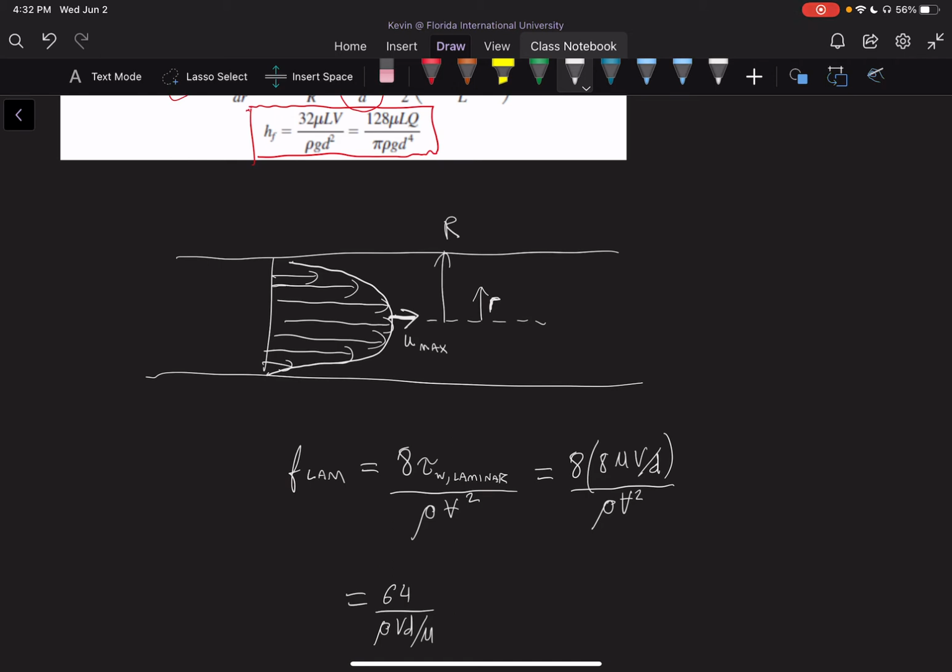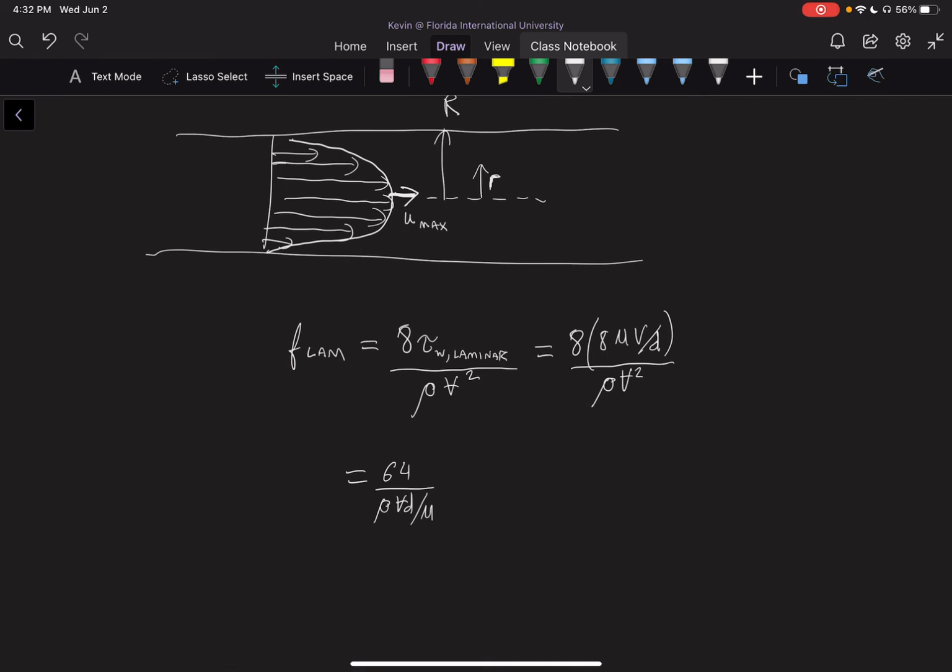If you do the math, it'll work out. And finally, this term at the bottom here is actually Reynolds. So we get that this is equal to 64 over Reynolds D.